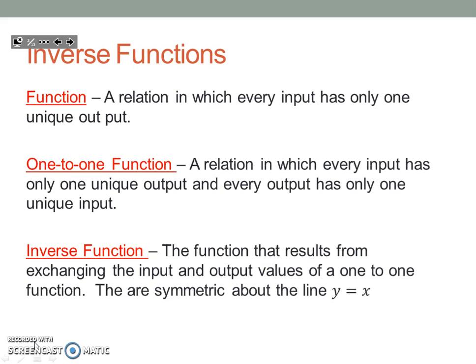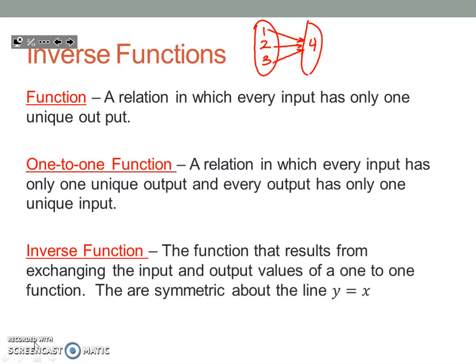A one-to-one function is a relation in which every input has only one unique output and every output has only one unique input. Essentially, if you remember our mapping diagrams, if I had those three inputs and I had one output, I could say that is in fact a function because each of my inputs only has one output.